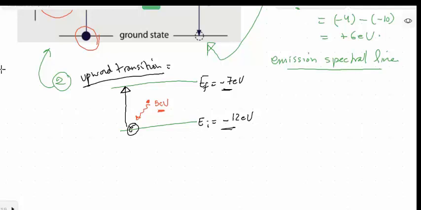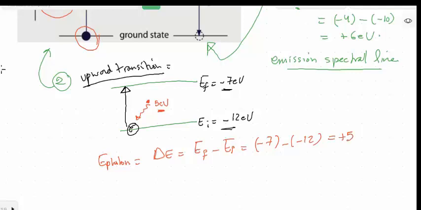So to calculate the energy of the absorbed photon, it's equal to the change in energy, which is always the greater energy, here E final, minus E initial. Always I start with the greater value. So -7 minus (-12), and the answer will be +5 electron volt. So to have an upward transition from a lower state to a higher state, a specific photon should be absorbed.